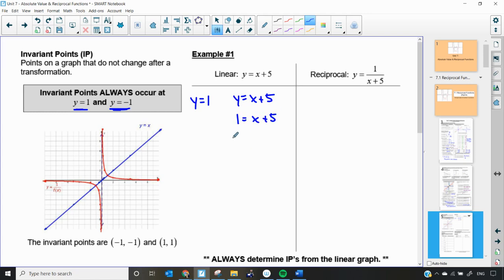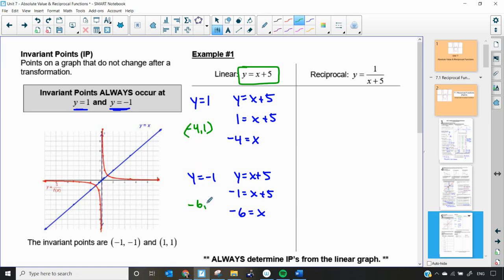So 1 minus 5 would be -4, and this would be -4 equals x. And then we have y equals -1. So we'd sub in -1 equals x plus 5. -1 minus 5 would be -6. And so the invariant points for the function y equals x plus 5 are -4 and 1.